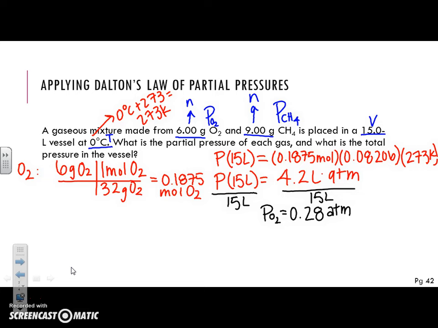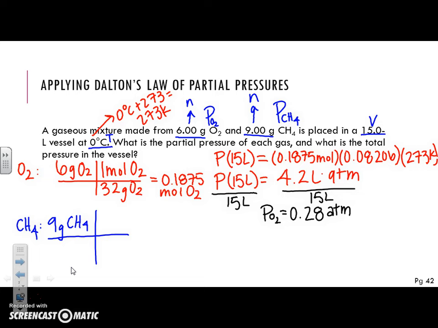We're going to go ahead and do the exact same thing for methane. So methane, CH4, has a starting point of 9 grams.